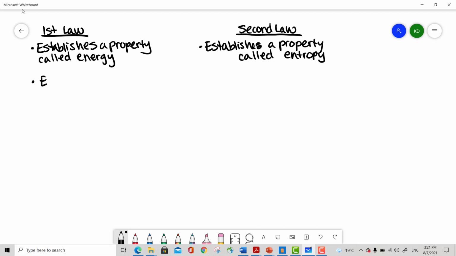Okay, and then here we've got energy can be stored and transferred. Right, that was the whole first law right there.